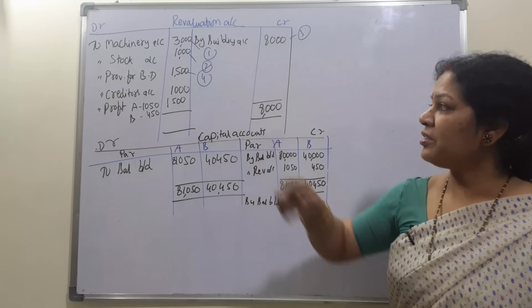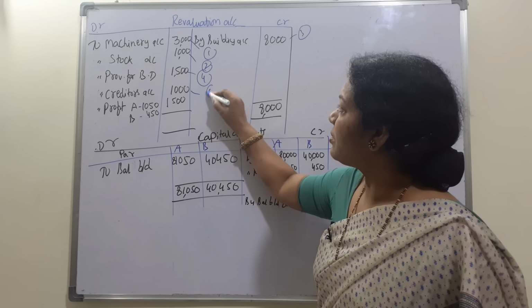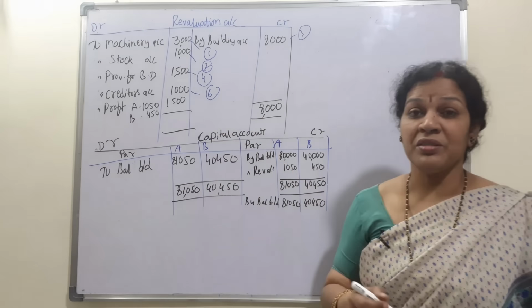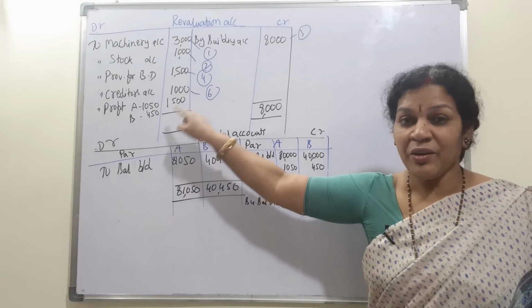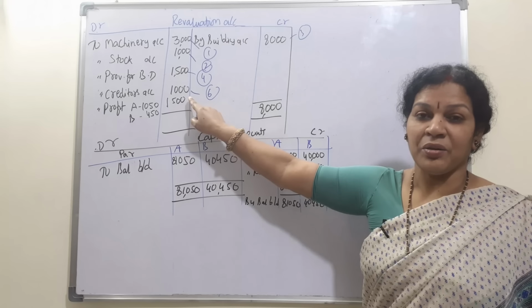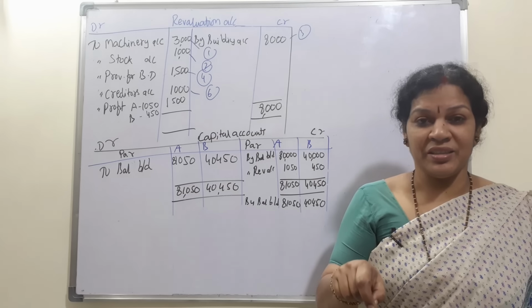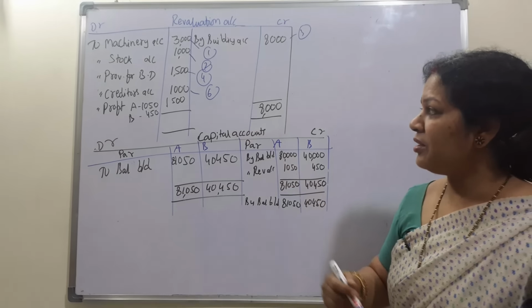Over. Next entry, you take creditors. Creditors value is decreasing, so it is on the debit side of revaluation account. So revaluation account attached to creditors account. Being decrease in the creditors value.